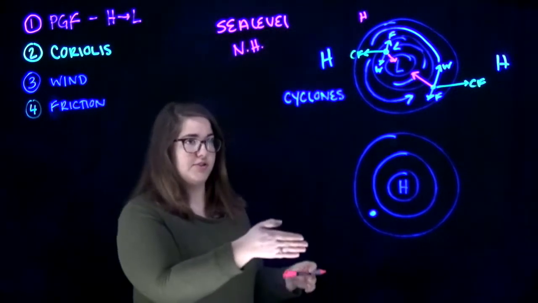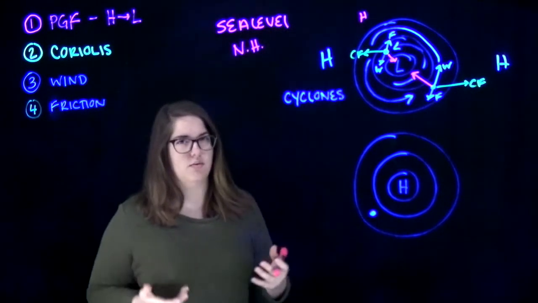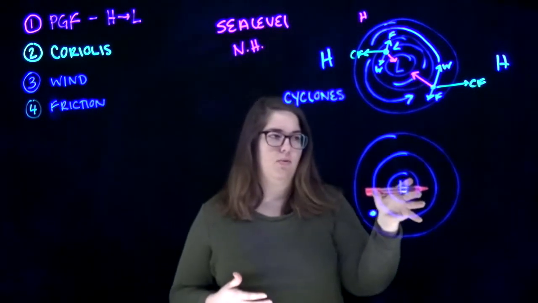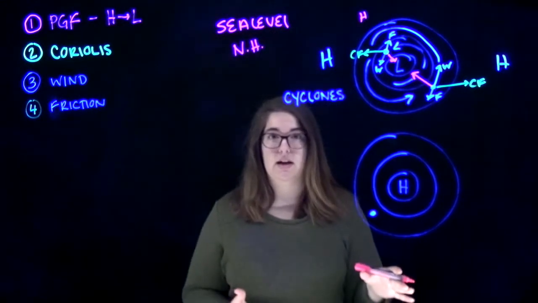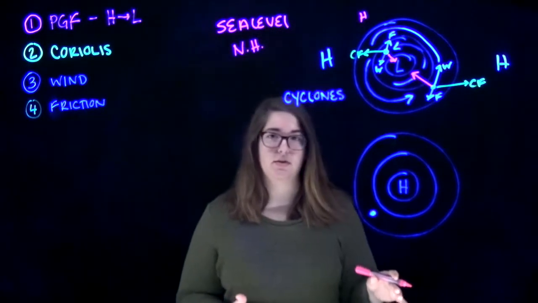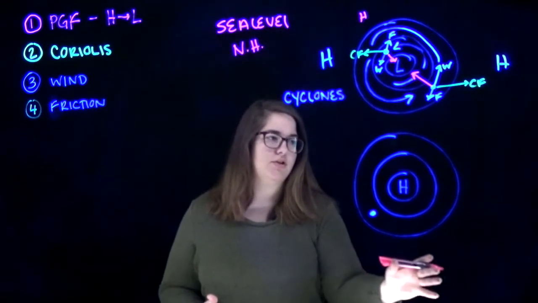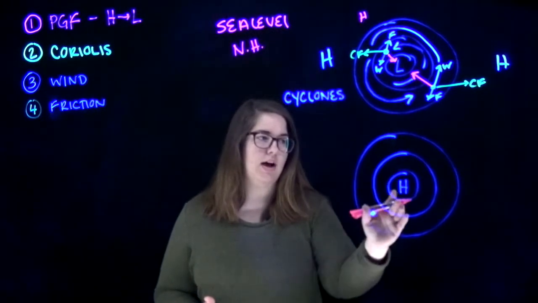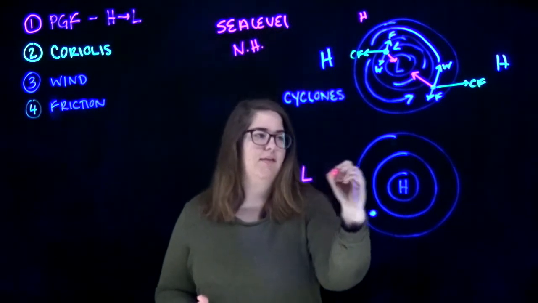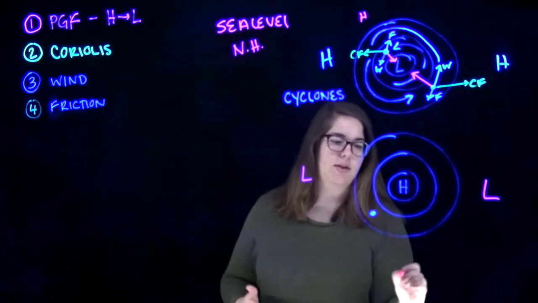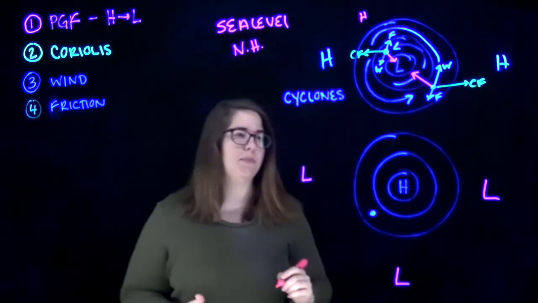For our high pressure center systems, which aren't really systems, but we have them displayed on weather maps in the continental US and other places above continents. Again, our pressures are relative to each other. So we've got a high pressure in the center. We should be having low pressures relative to that on the outside.